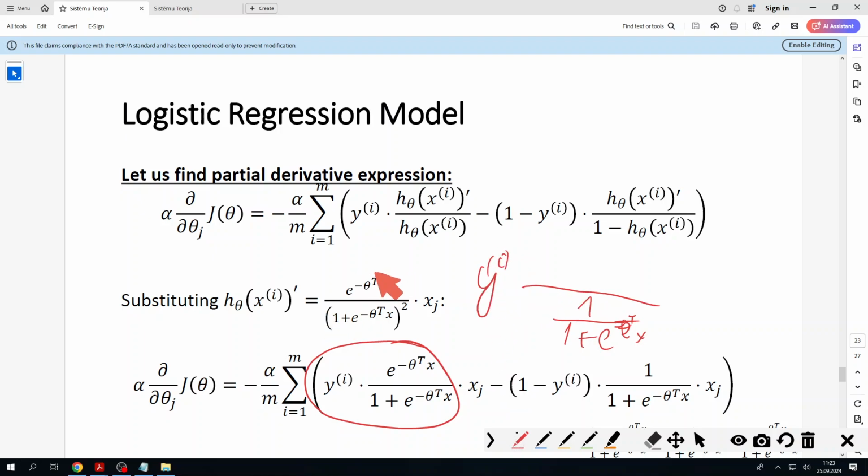And then I put this expression here. So e to the minus theta transpose x over 1 plus e to the minus theta transpose x squared.